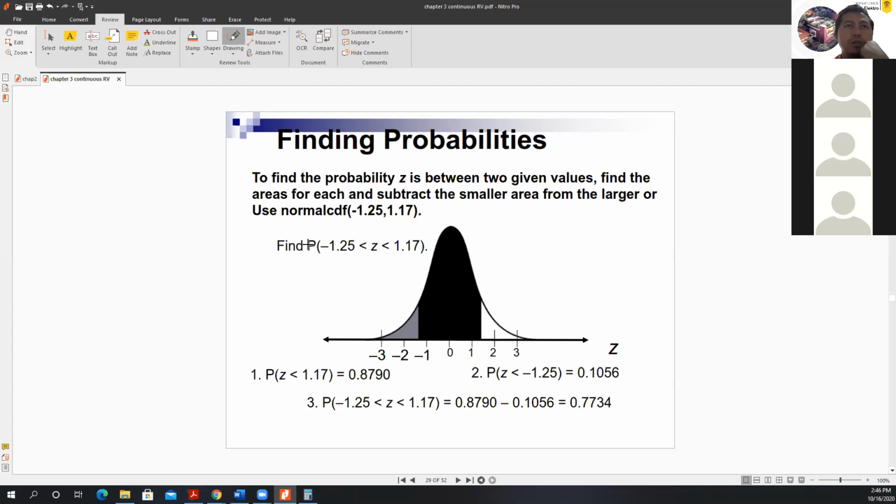So if you want to know the integrations, for example this one, if we write it in mathematical integration, it is like this.